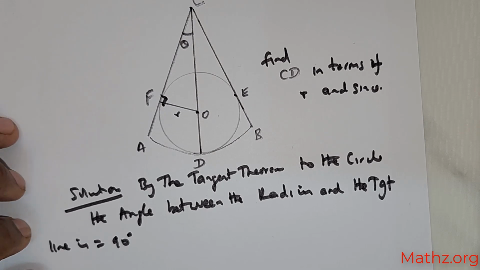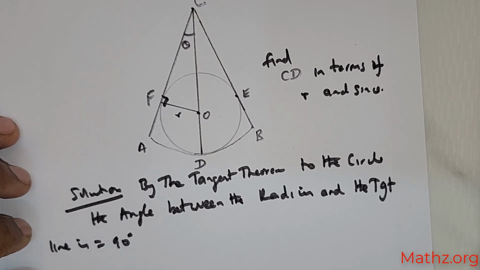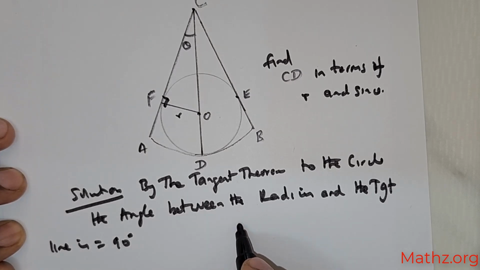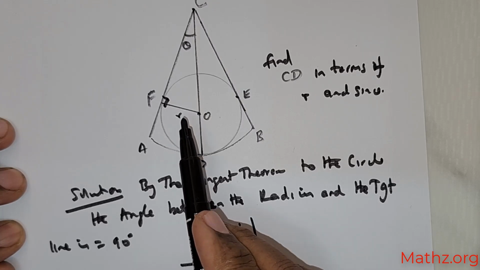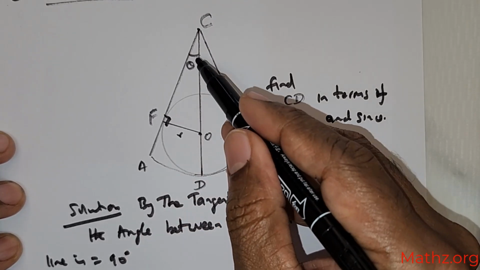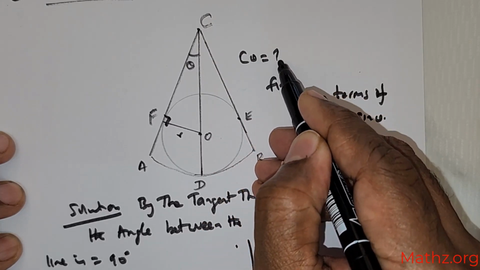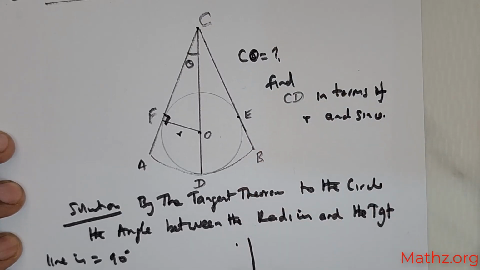So that would mean I can actually utilize this information to get this value. I want to know what is CO. Okay, what is CO is required.